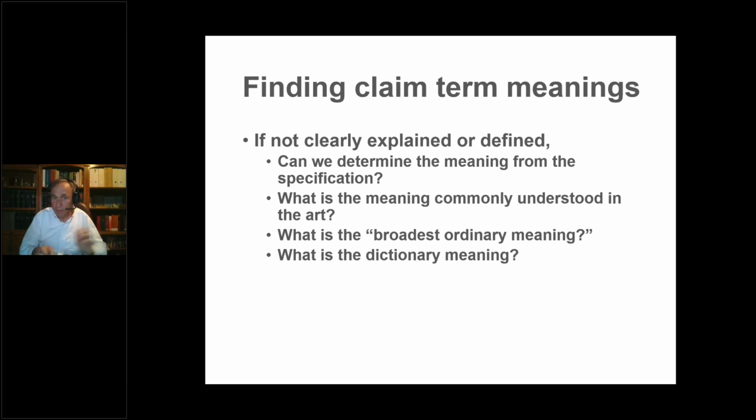And after that, that's what it means. So the first question is, can we just look in the specification? The second is, well, if it doesn't clearly say in the specification, what would somebody who is versed in the art, a person having ordinary skill in the art, say this means? And if that doesn't work, what's the broadest ordinary meaning? And then if that doesn't work, you look in the dictionary.